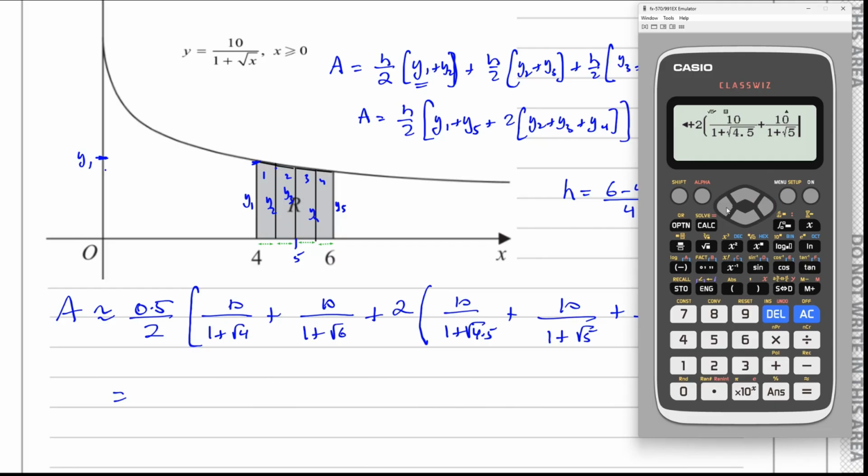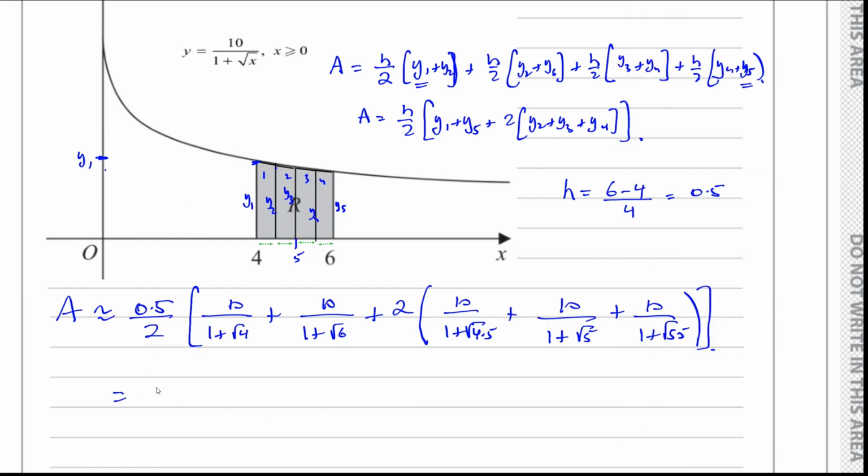Then plus 10 over 1 plus the square root of 5.5. I'm going to close the first bracket for the 2 times, and the other bracket for the outside bracket. And that should give me my estimate, 6.1997. So we get 6.1997.